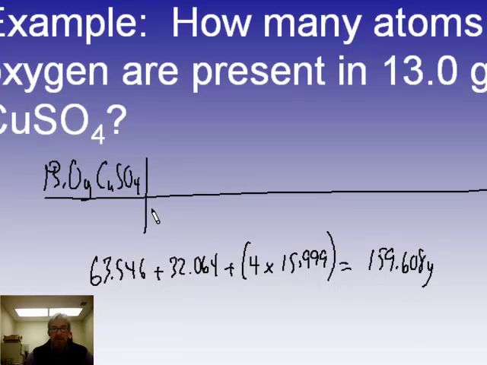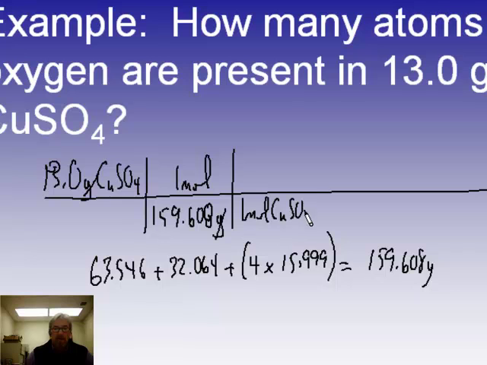So I'll put that in here, 159.608, and I want the grams on bottom, and I want the 1 mole on top. So the grams will cancel out. Now I have moles of copper sulfate. Well, every 1 mole of copper sulfate gives me 6.022 times 10 to the 23rd formula units, FUs. Don't get to say FU in school very often.